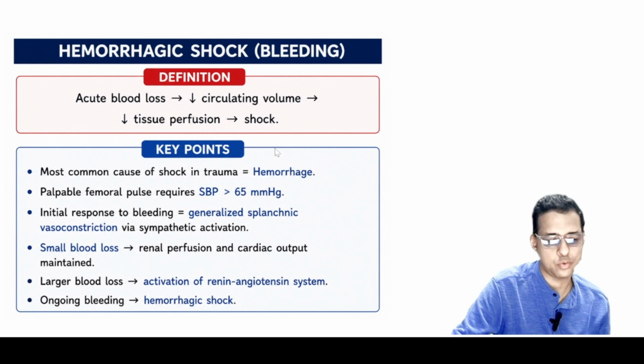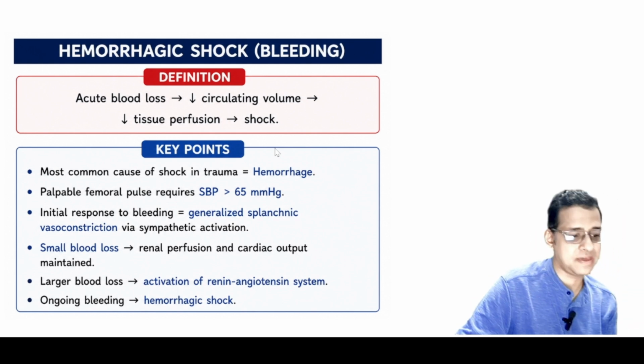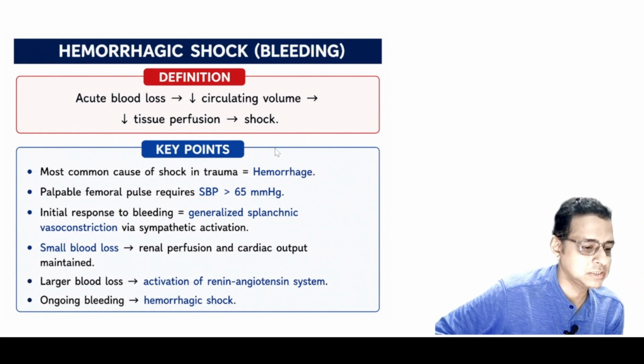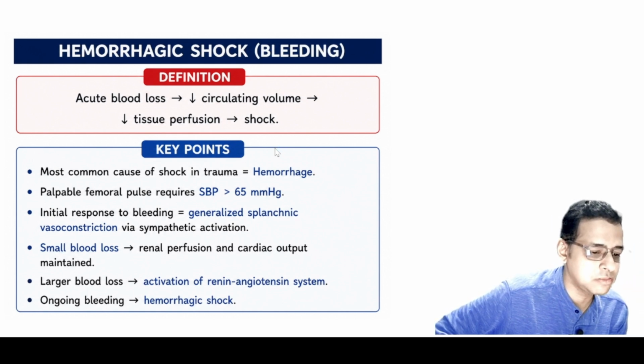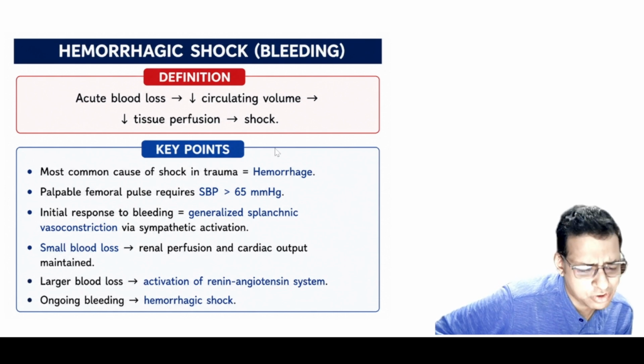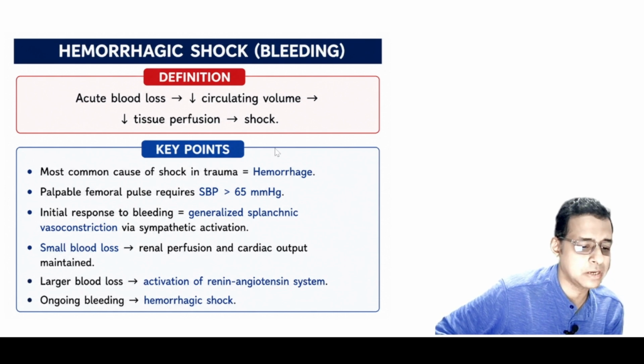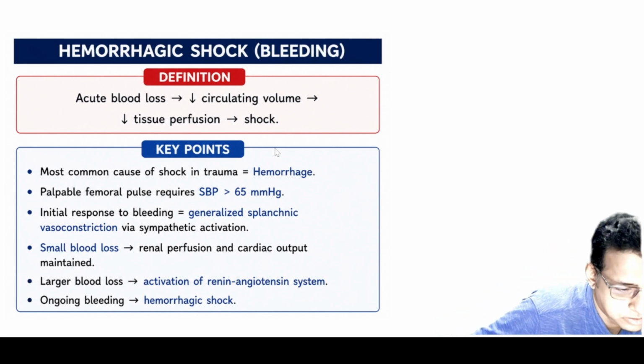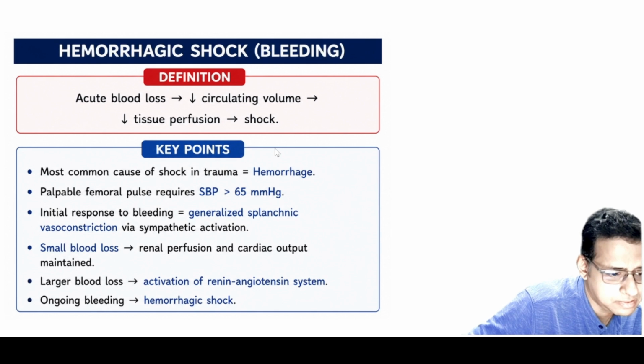So here I have given you the most common points asked in most of the examinations. The most common cause of shock in trauma is hemorrhage, and a palpable femoral pulse requires systolic blood pressure greater than 65 mmHg. The initial response to bleeding is generalized splanchnic vasoconstriction via sympathetic activation.